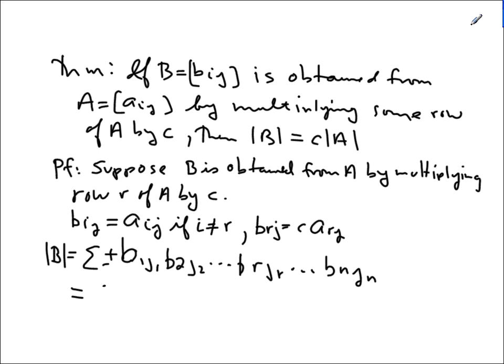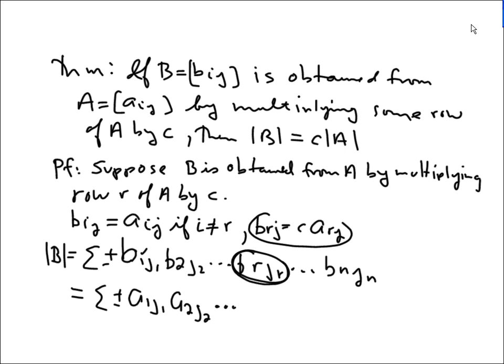For most of these B's, I can replace with A. B1,J1, well, that's row 1. It's not row R. I know it isn't, because row R is here. So I get A1,J1. B2,J2 is A2,J2. The only one that changes is this one. It becomes C times Arj, all the way up to Bn,Jn.